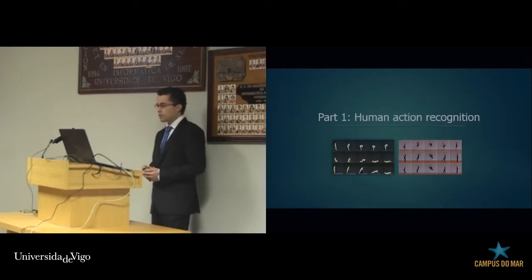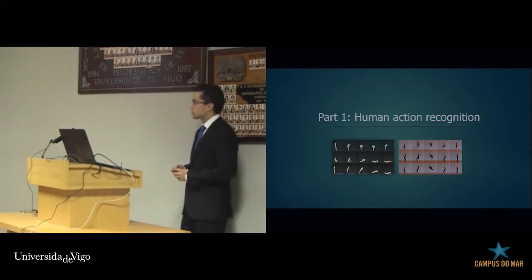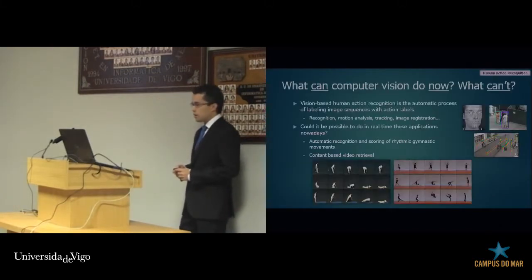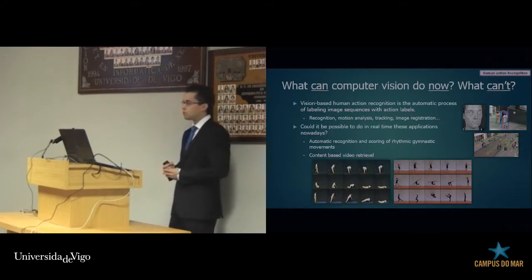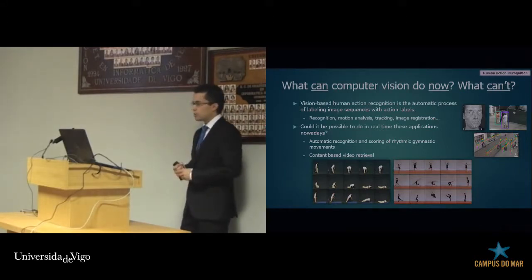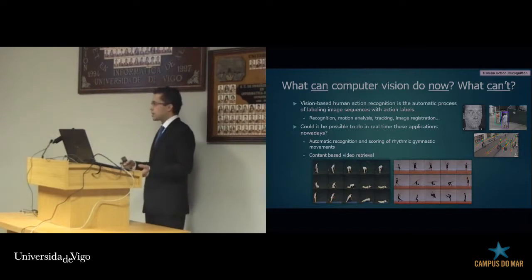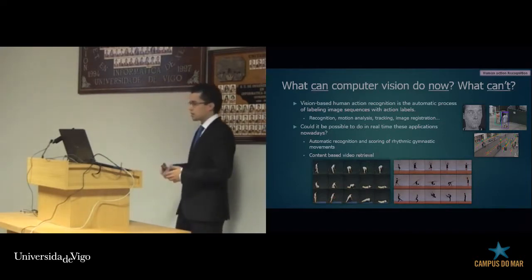For the first part, human action recognition, to start, we can ask, okay, what can computer vision do now, and what can't it do? Vision-based human action recognition is the automatic process of labeling image sequences with action labels. For that, you have to do different things, like recognition, motion analysis, sometimes tracking your body, and image registration.